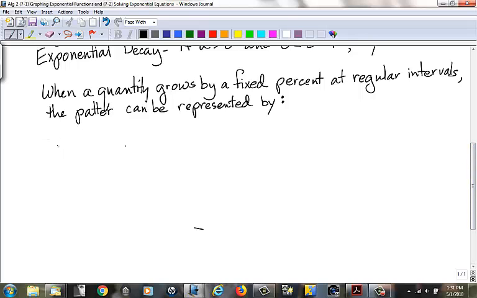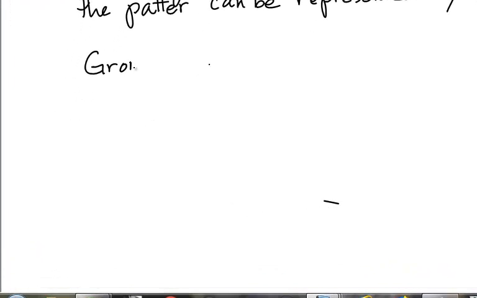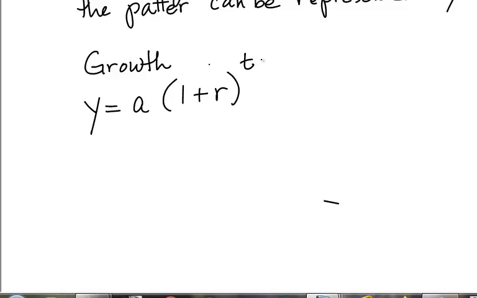The growth formula for exponential growth is y equals a times the quantity 1 plus r, to the t power.